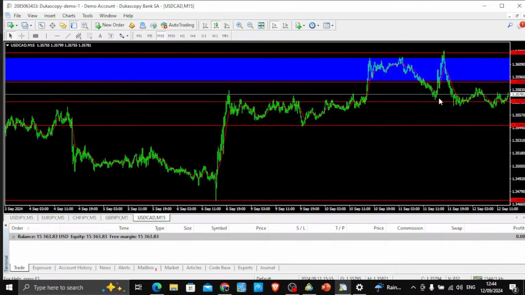It came down here. Reached this low. So here the market is making higher high and higher low. So this high is higher than this one. This low is equivalent to this. So we are stopped here.